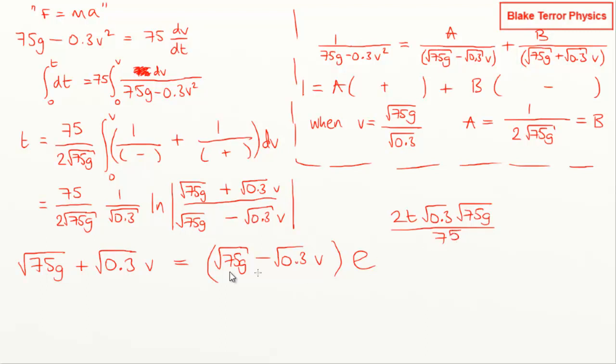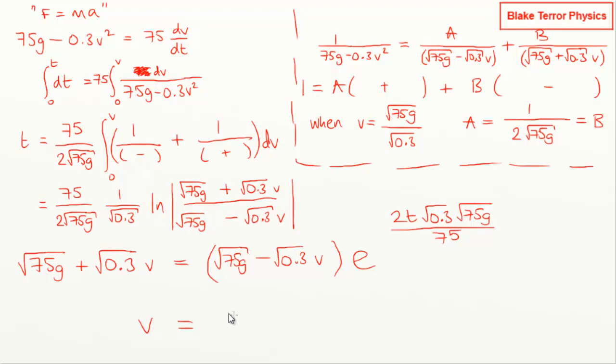Okie dokie. Now we need to group our v terms together and our non-v terms together, right? So we're going to be adding that over, taking that off, right? So we're going to have a -1 and a +1 on these.